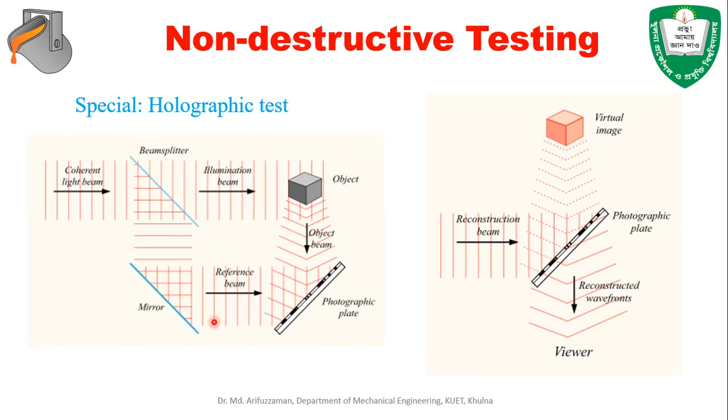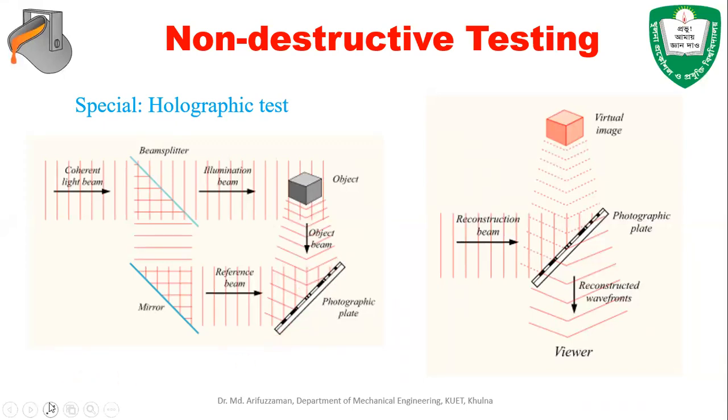That constant property will interact on the surface, and also the light that is coming from the object will be incident there, and then these two beams interfere with each other. The photographic plate reacts with the interference of the light, and that's why an interference pattern is created on the surface.